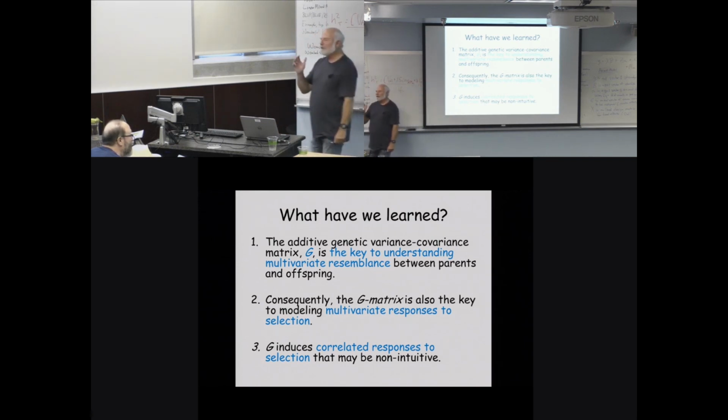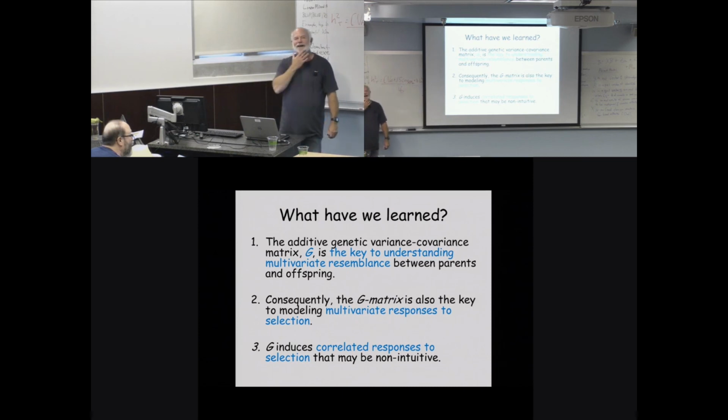So what we've learned is that when we have multiple traits, we need to correct for the correlations between characters, because they introduce these not correlated effects, we're going to call them indirect effects of selection.